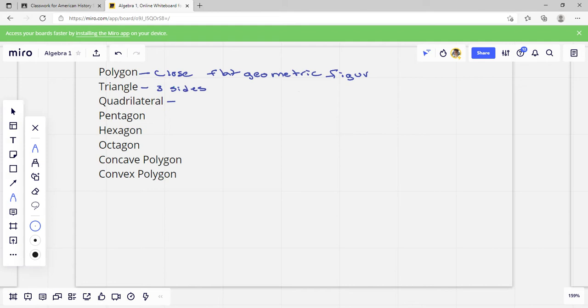A quadrilateral has 4 sides, so a triangle is going to be like that. A quadrilateral would be anything like that. A pentagon has 5. So that would be a pentagon. Mine are a little wiggly. Imagine those are straight. A hexagon is 6 sides.